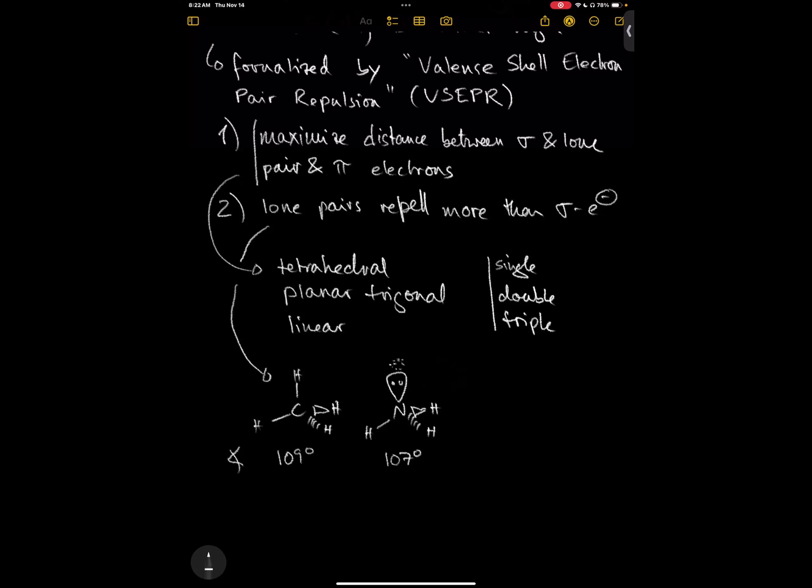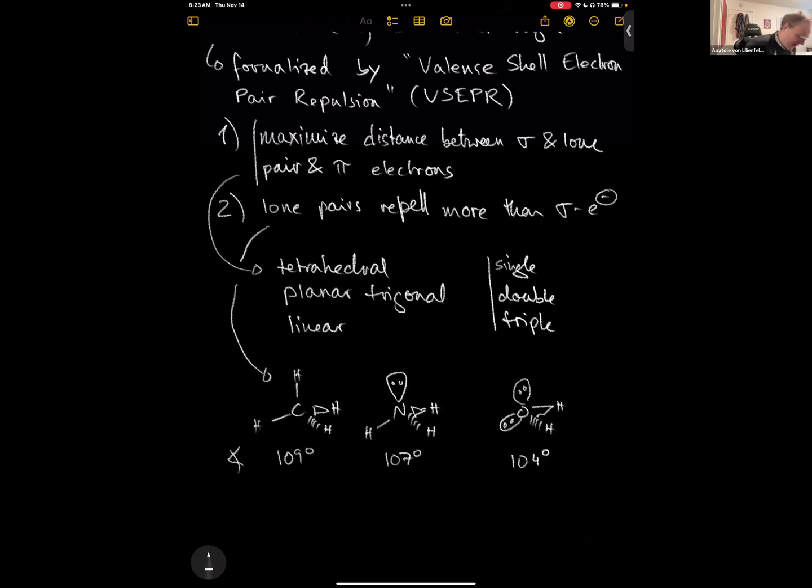And so the electrons have to be closer to the nitrogen, and they occupy more space. Consequently, they repel the other single bonds more. And I can then also look at water, where I now have two lone pairs, and in this case, the angle is decreased further to 104 degrees.